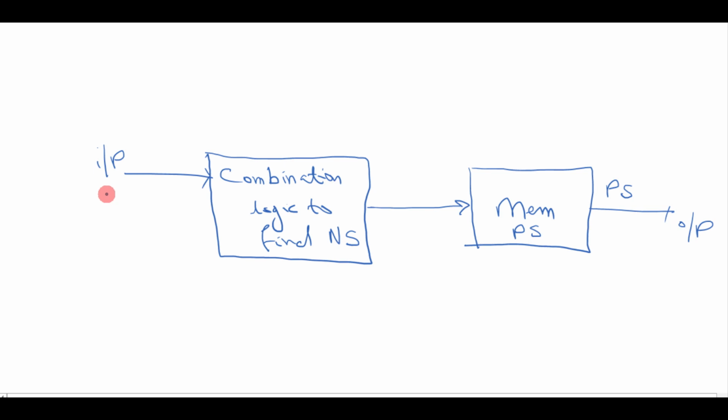But as you have seen in my previous example of the serial bit shift register, in order to calculate the next state, here you have the next state, here you have the previous state. Your sequential machine requires, apart from your input, also the previous state.